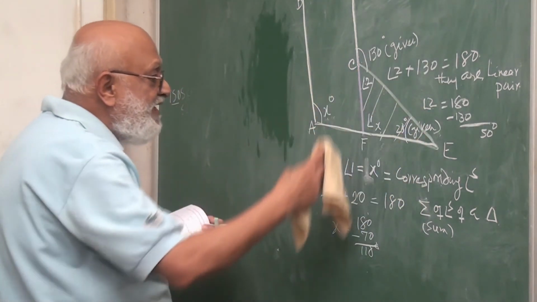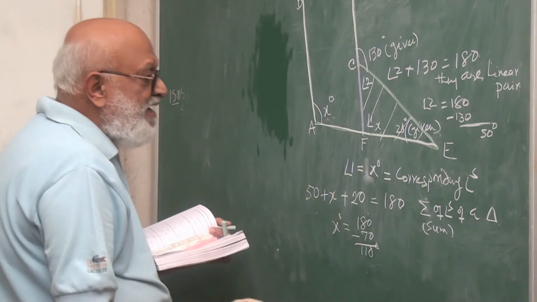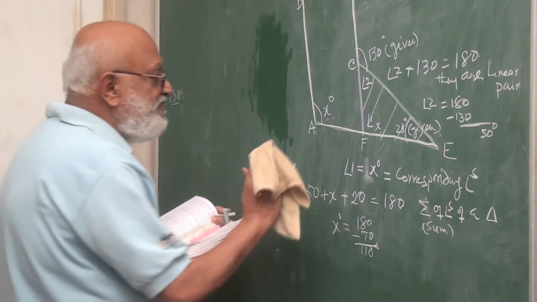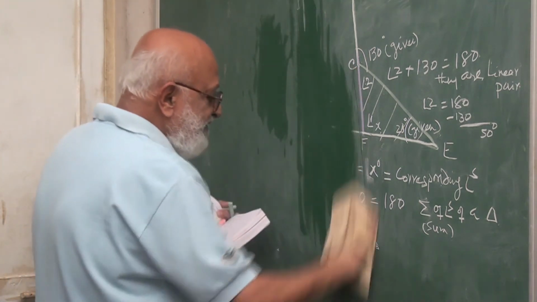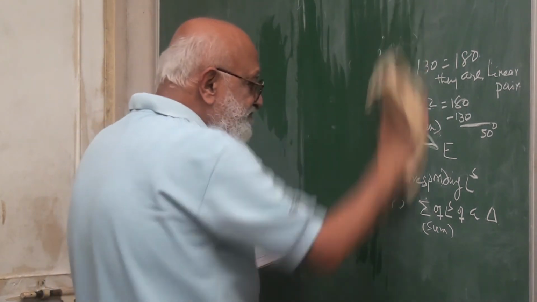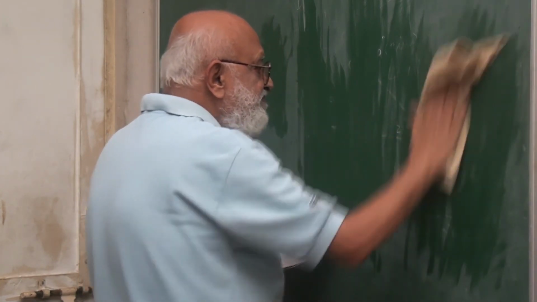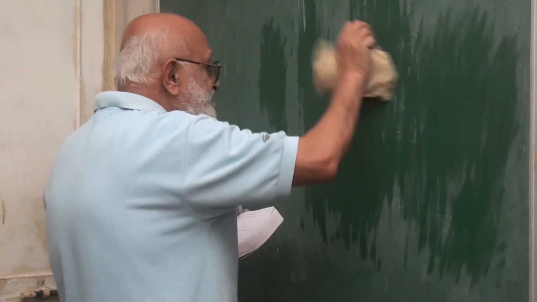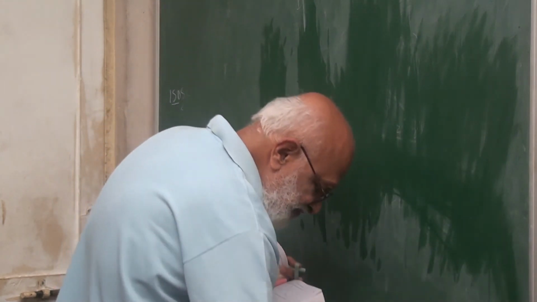You can easily extend a parallel line to cut a transversal, as you can extend a transversal to cut a parallel line. And they make life much easier for you. Okay.